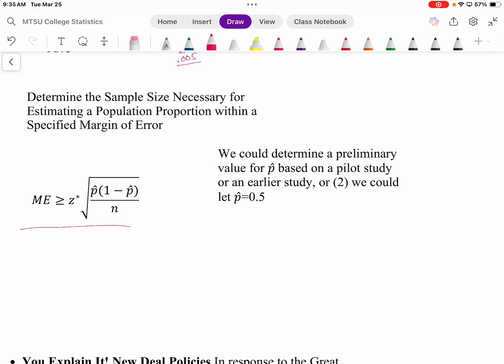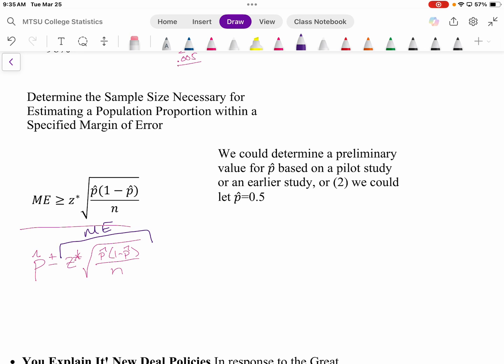Again, our confidence interval was p hat plus or minus Z star times the square root of p hat times 1 minus p hat over n. Everything after the plus or minus symbol is considered the margin of error.